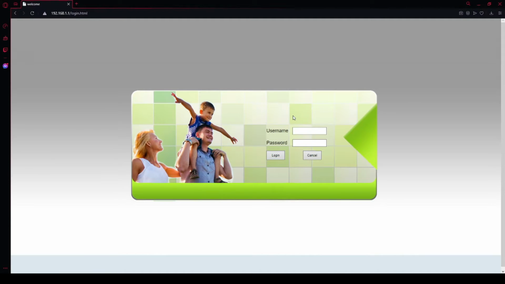The default username and password are also based on the model of your router, so if you don't know them, you can check under your router. In my case, my default username is user, and the default password is user1234.